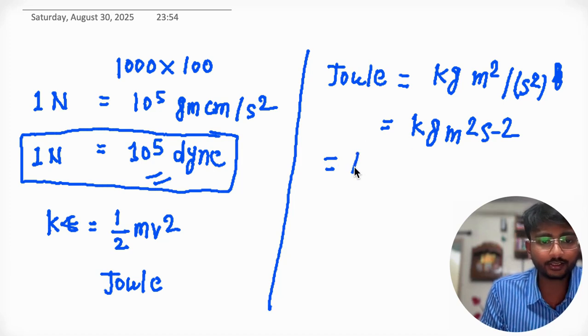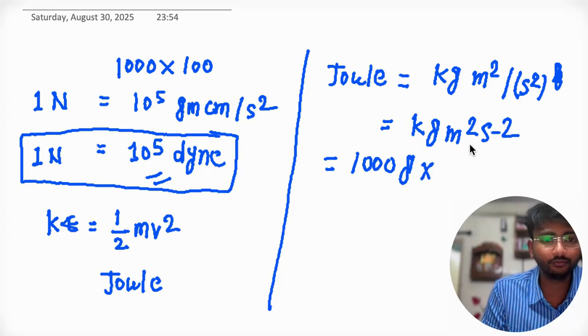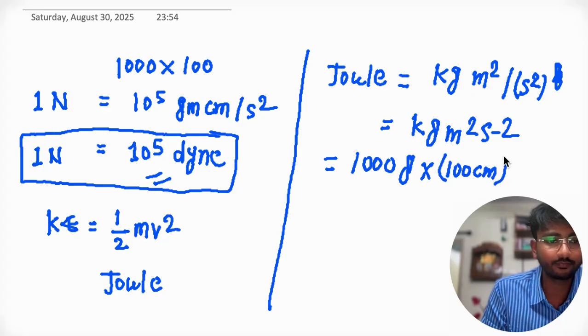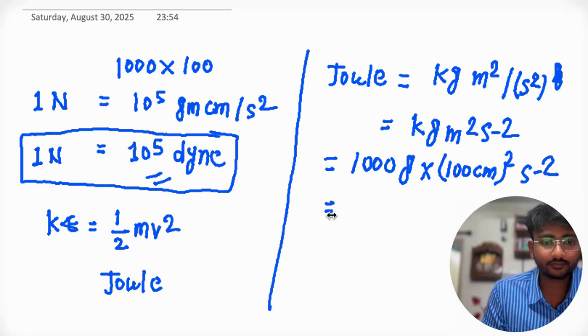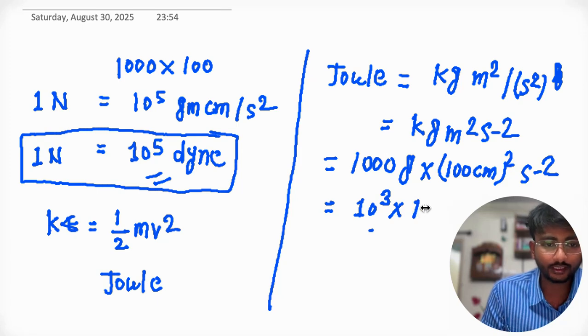Now we can write it as 1000 gram into meter square, that means 100 centimeter square, and second to the power minus 2. This will be equal to 1000, that means 10 to the power 3, into 100 to the power 2, that means 10,000, so we can write it as 10 to the power 4.